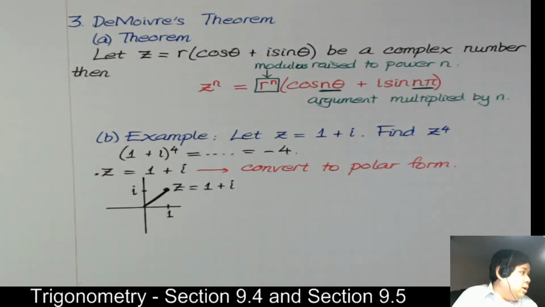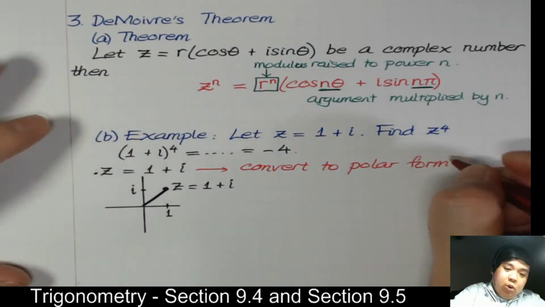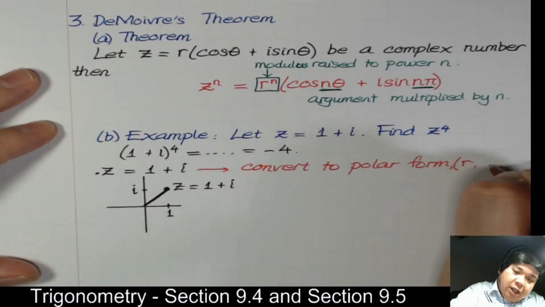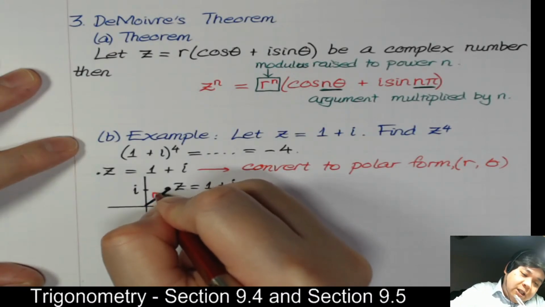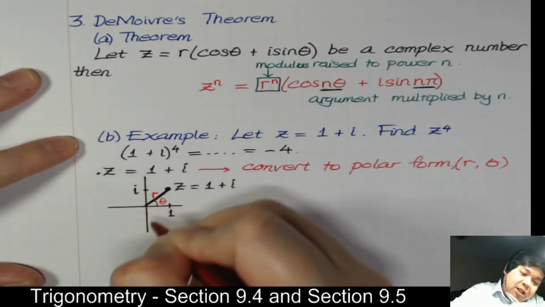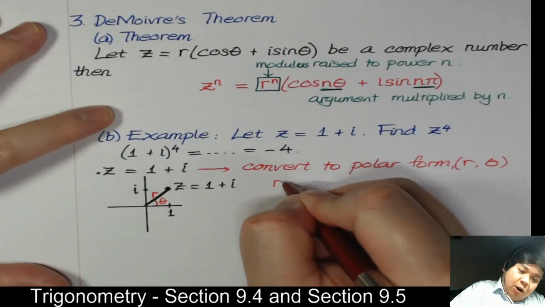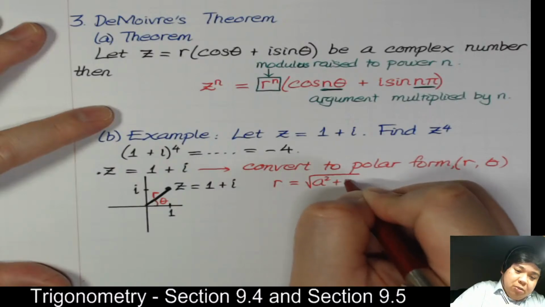Right. And so in that case, we will find two things in the polar form: there will be r and there will be theta. So r is that and theta is this angle. r is the square root of a squared plus b squared.